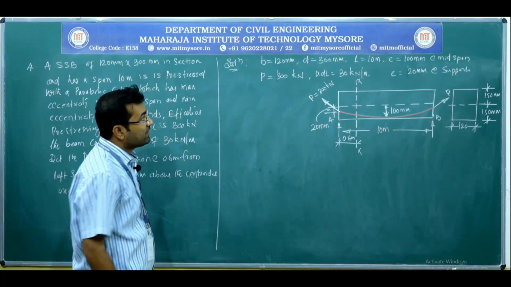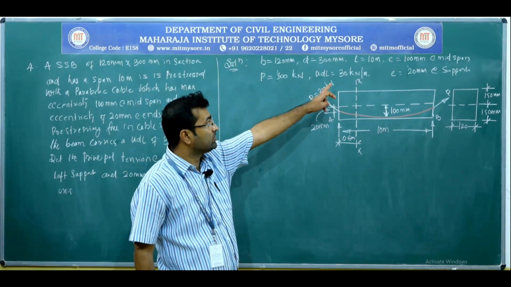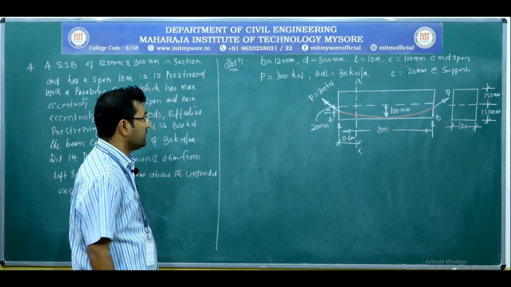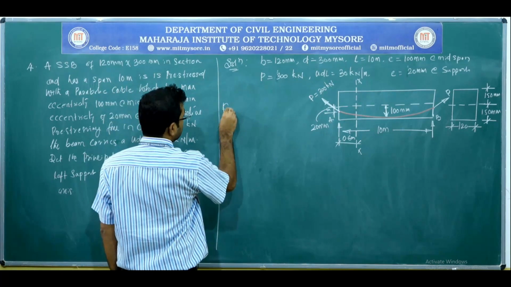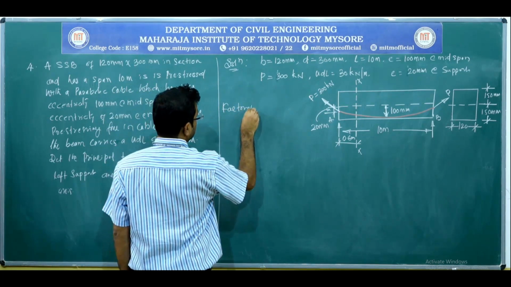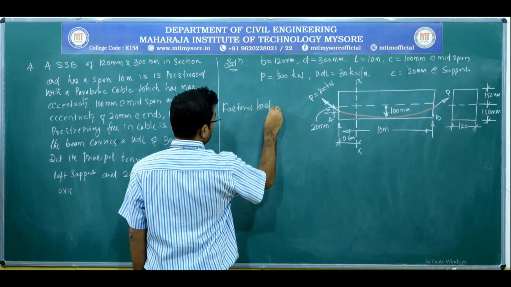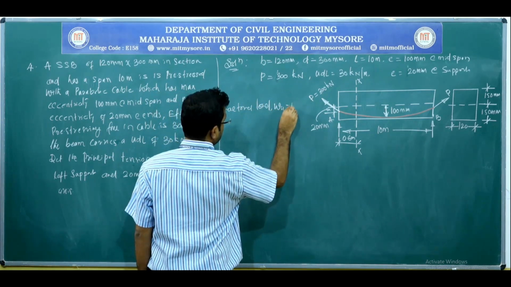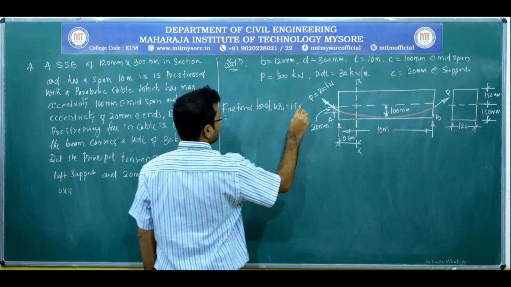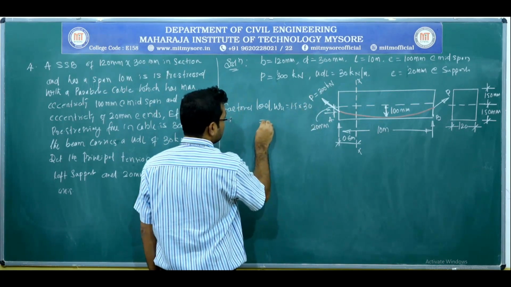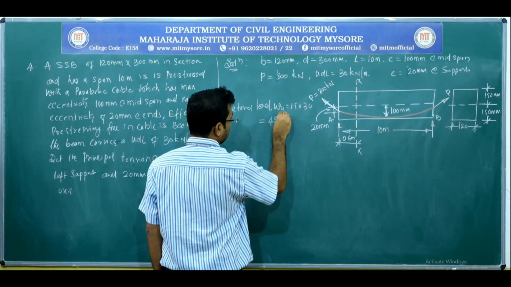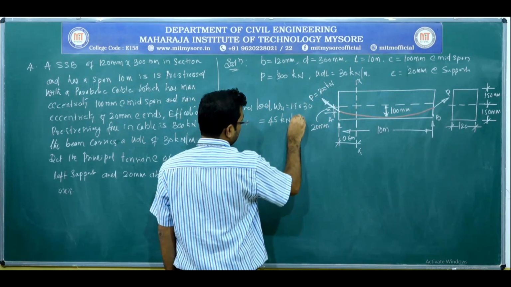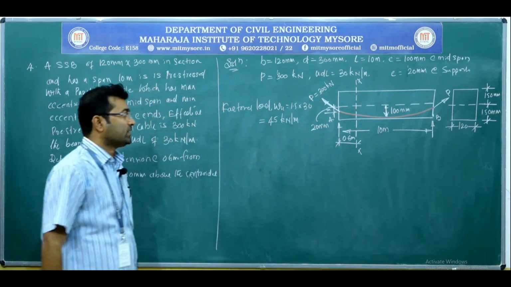So as per the given data, the load is about 30 kilonewton per meter. So let us calculate the factor load, that is WU is equals to 1.5 into 30, that is about 45 kilonewton per meter.